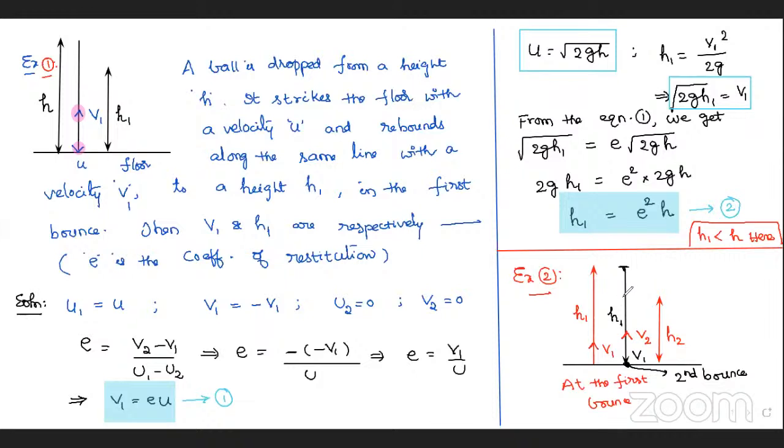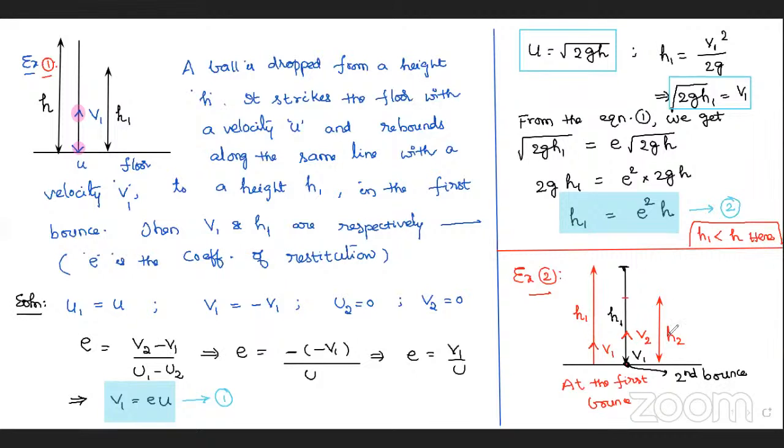So it rises to a height h2, up to here. Then how can you interrelate v2 and v1? The striking velocity and rebound velocity at the second bounce, not at the first bounce. I am asking what the relation is, like this equation: v1 equals e u, in the same way.